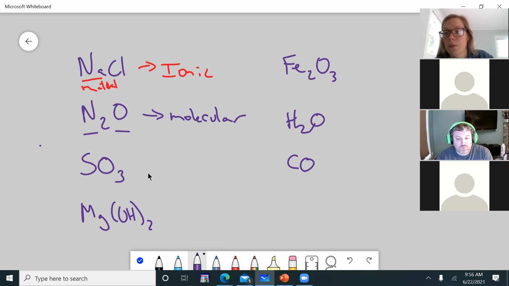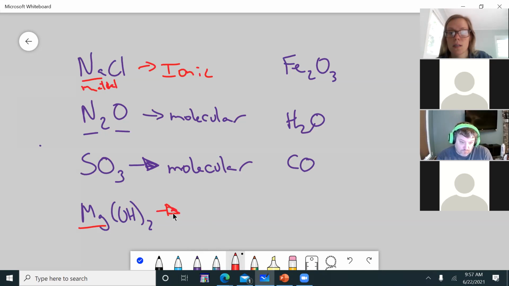Sulfur and oxygen are both non-metals. So we're going to go with molecular. This thing down here, a little more complicated looking, but it still follows the same rule. What's that first thing we bump into? Magnesium, which is a metal. So this is ionic. Over here, Fe, that's a metal.